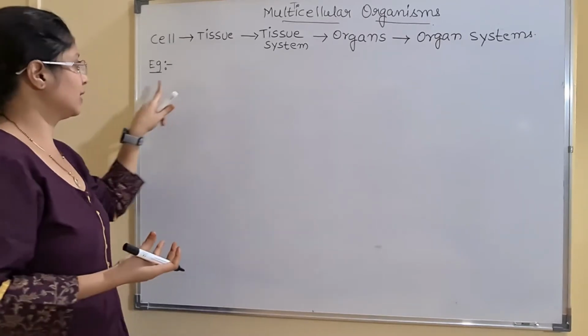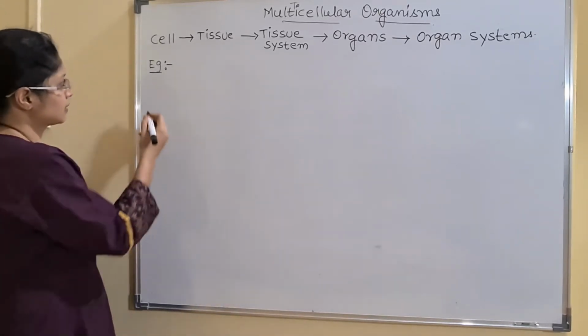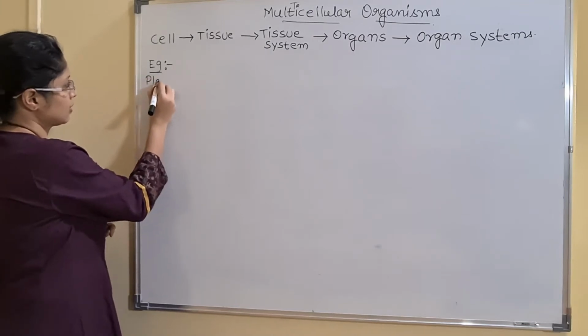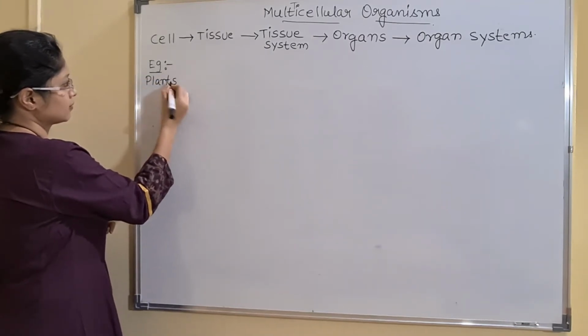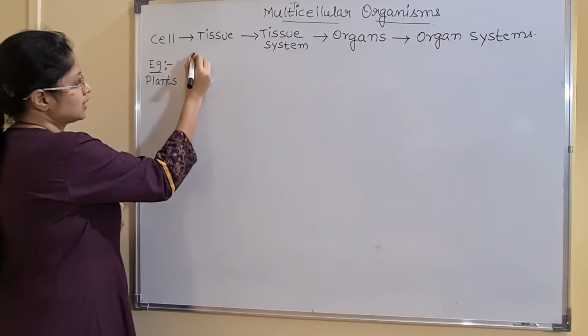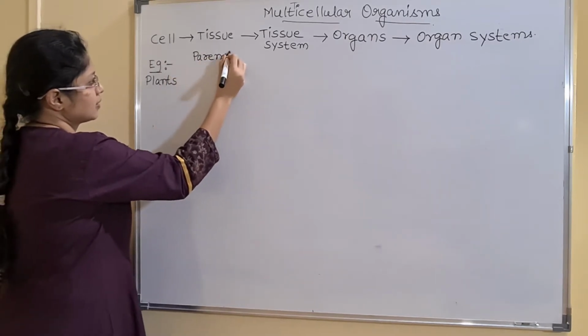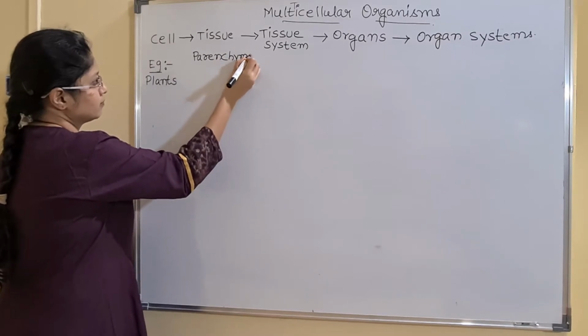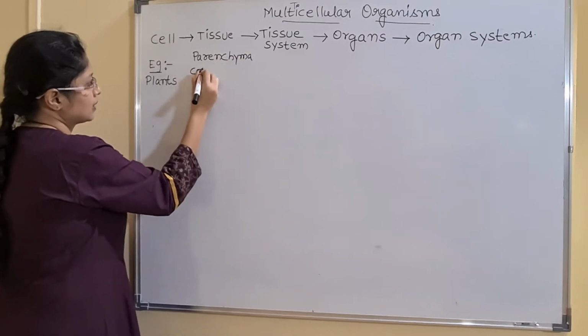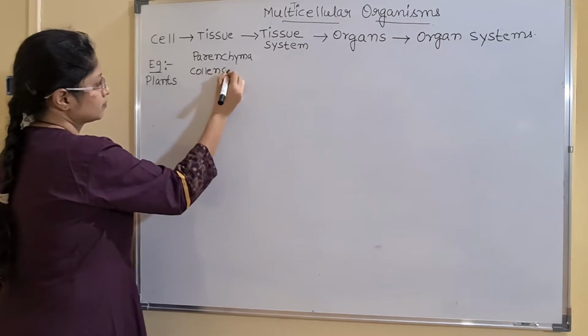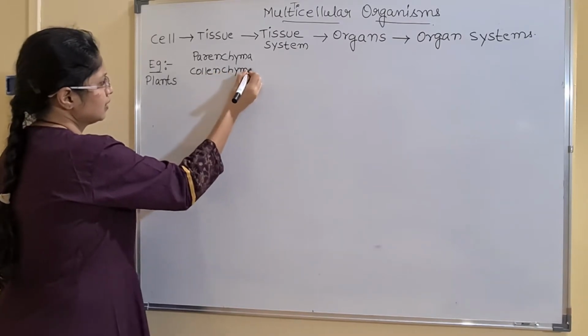So let us say, in the case of plants, the different tissues that we see are parenchyma, collenchyma. We have different tissues, children.